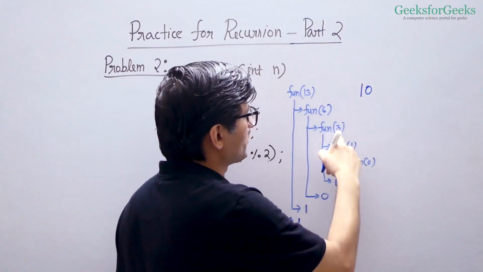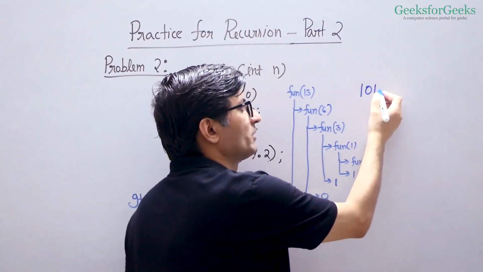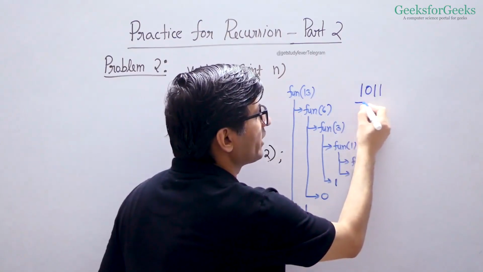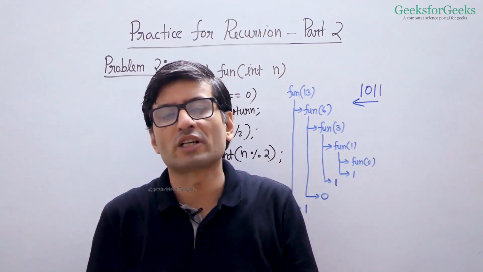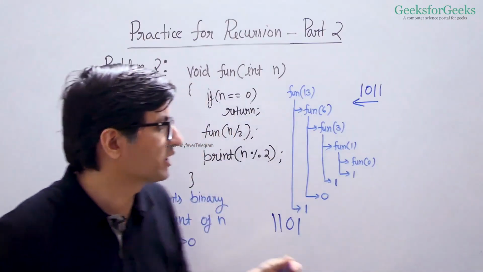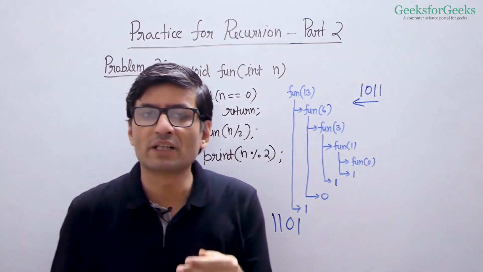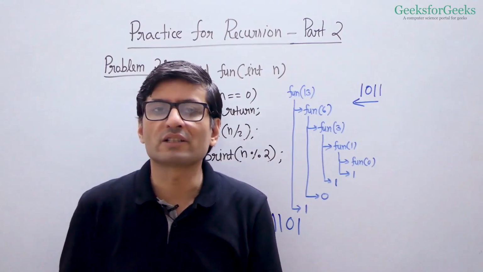Then we divide 3 by 2 and store the remainder as 1. Then divide 1 by 2 and store the remainder as 1. Now, after doing all this, we print these remainders in the reverse order. That's what we do when we write code for decimal to binary conversion. That's what this recursive function is also doing. So this recursive function prints the binary equivalent of a decimal number n, where n is greater than 0.